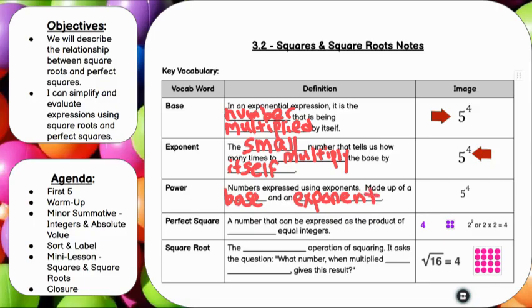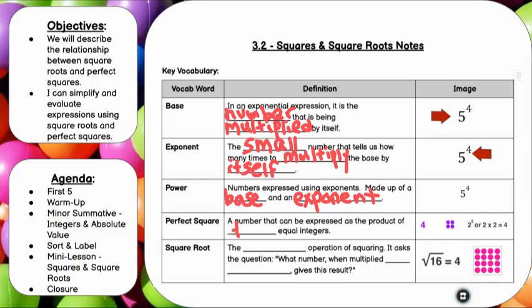All right, our focus over the next 2 class periods is going to be perfect squares and square roots. So a perfect square, think of the shape of a square. We know that in a square, all sides are equal length. When we think of that, a perfect square is a number that can be expressed as the product of 2 equal integers.